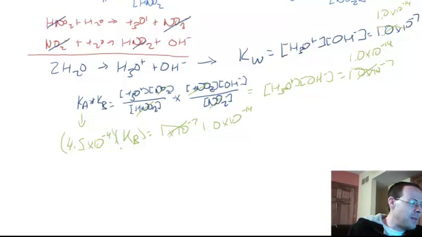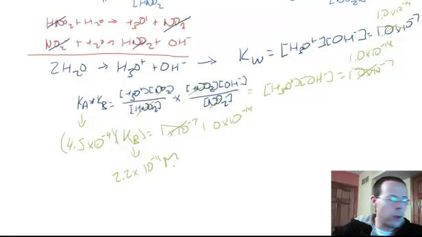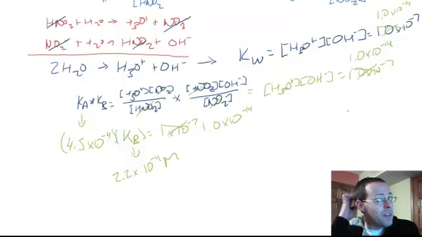Alright, so for Kb, we're just going to divide both sides by 4.5 times 10 to the negative 4th, and we can find fairly easily that Kb equals 2.2 times 10 to the negative 11th. Alright, and again, these are concentrations, so we might give it a value of molarity, or molar. But again, if you look on those pages, I think 657 and 664, 657 has Ka values, but it also has the Kb value for that Ka's conjugate base.